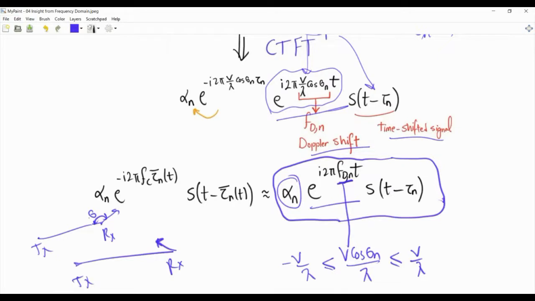And so the Doppler shift can be positive or negative. The physical meaning is that it has a sign that indicates whether the distance between the transmitter and receiver is getting bigger or getting smaller. And then we have our transmitted baseband signal. Now it is shifted by a constant shift.